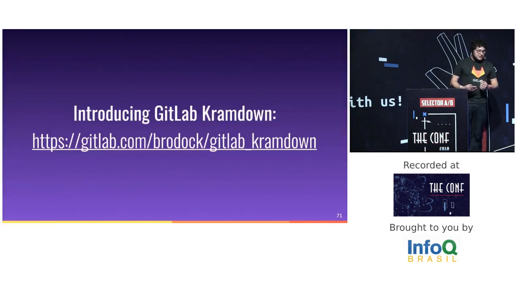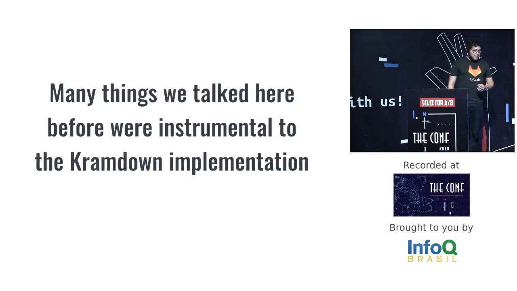To actually fix this, we started with the idea of the GitLab Kramdown gem. GitLab Kramdown is an extension over the Kramdown gem, which is again one of the many different Markdown implementations. Many of the things that we talked about before were instrumental to understanding the Kramdown implementation.